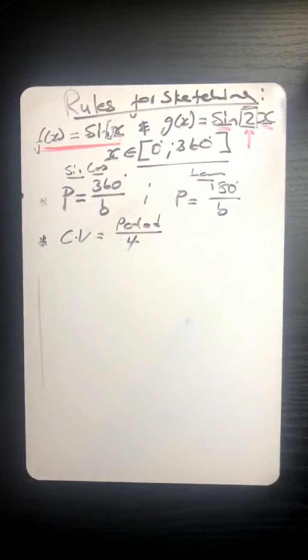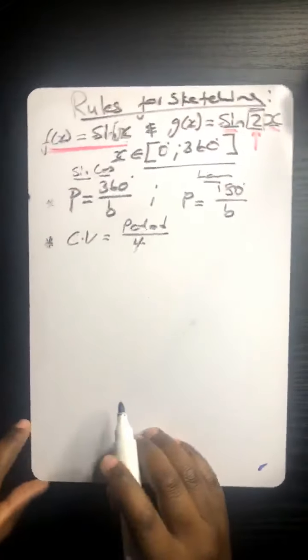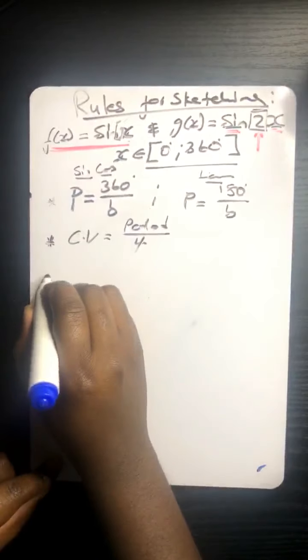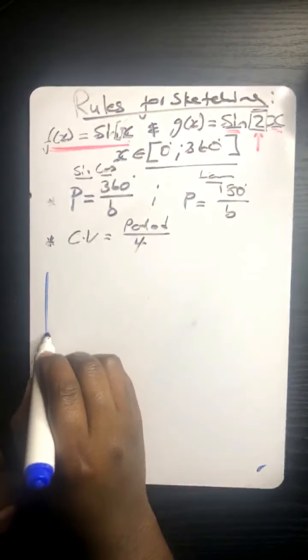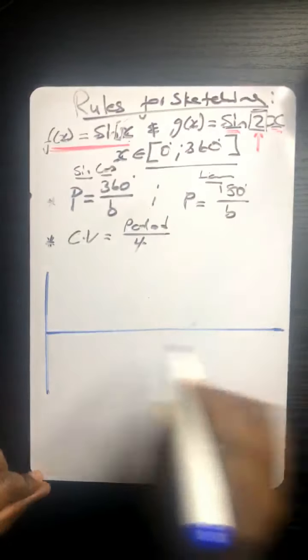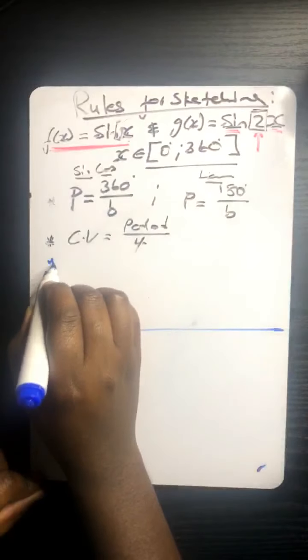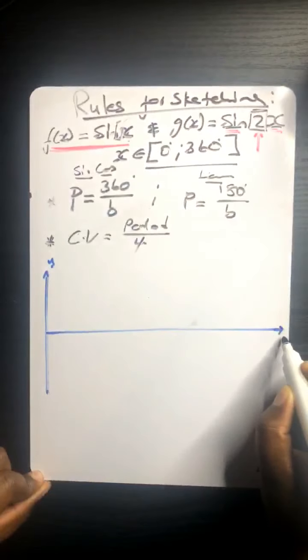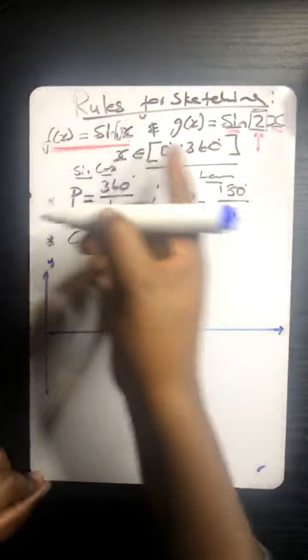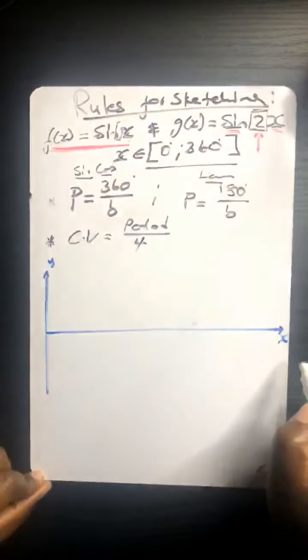I know that I'm going to start from 0 and then go in that direction. So I can just say y. There I'm having the angle. What is that angle called? It's called x. So that is x.